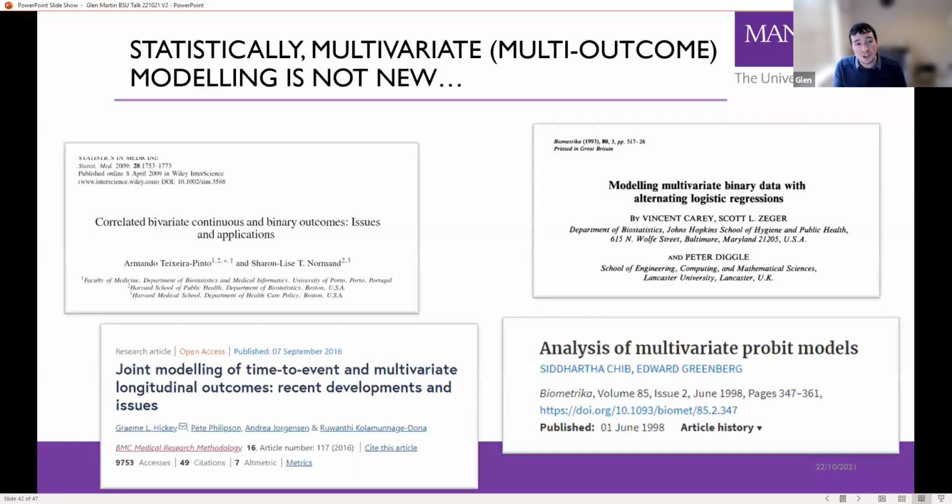And so what we need to use are methods that account for the correlation between the potential outcomes. There's a wealth of literature on this for multivariate modeling, and I've just given a few examples here. I think what's missing is the application of these methods into models used for prediction, particularly those implemented in clinical practice.